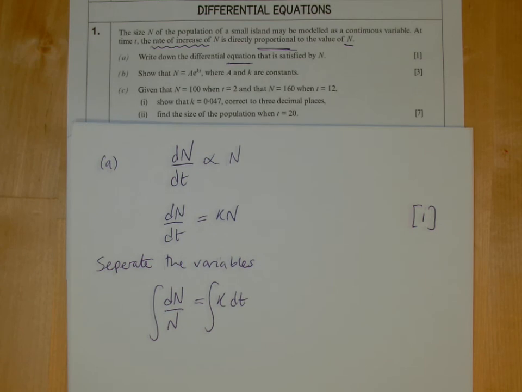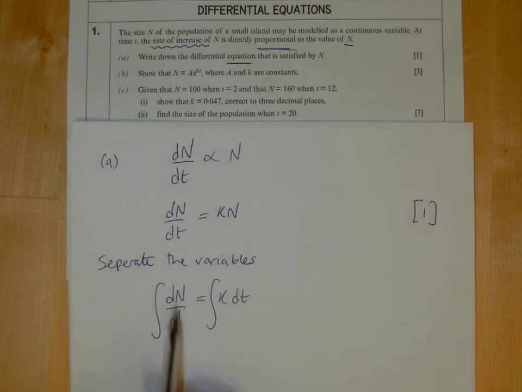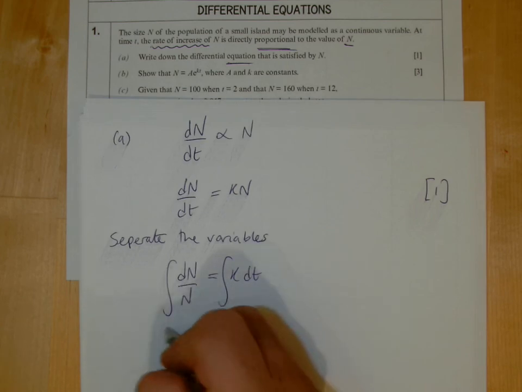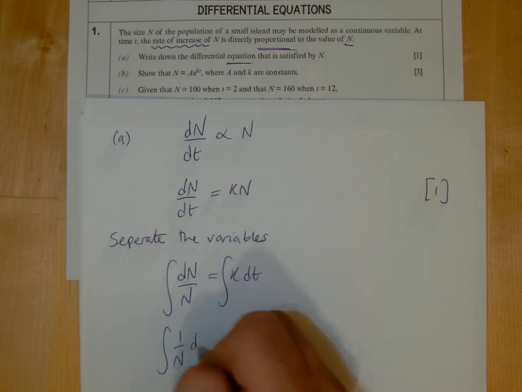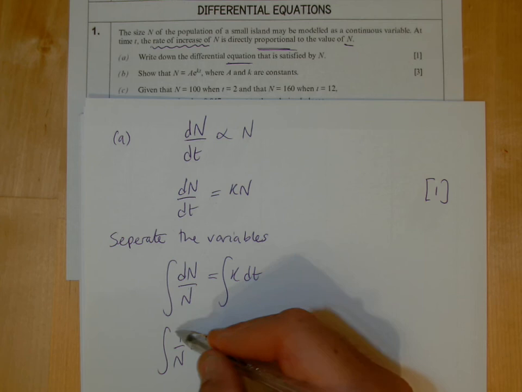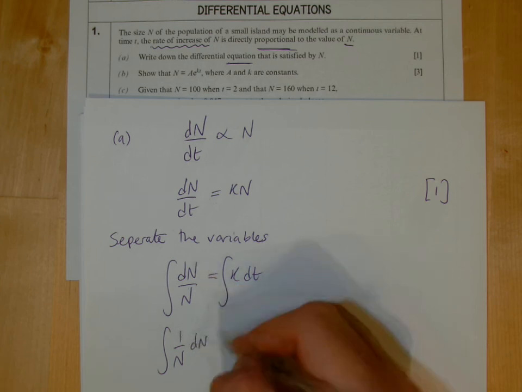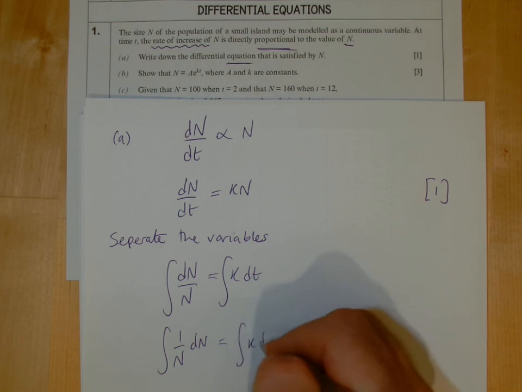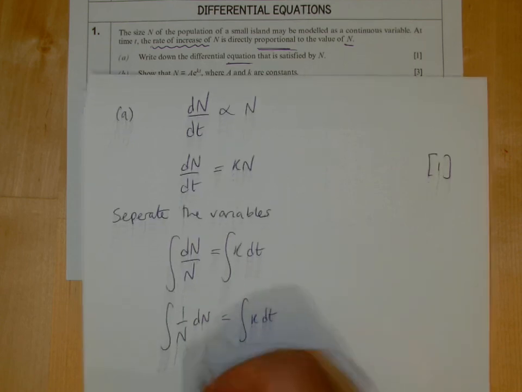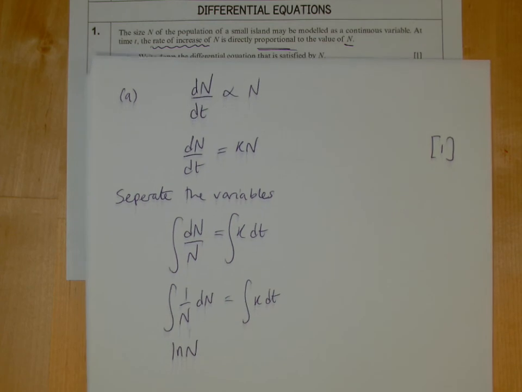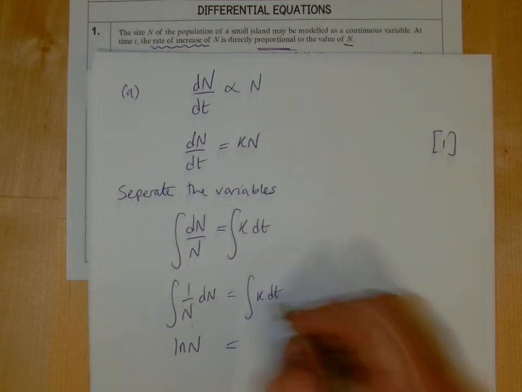And I can work out the integral of each of these. Now remember, dn over n, the way I've written that, is the same as 1 over n dn. You can write it like that if you prefer. But 1 over n, when you integrate it, will be ln n. And that will equal k.